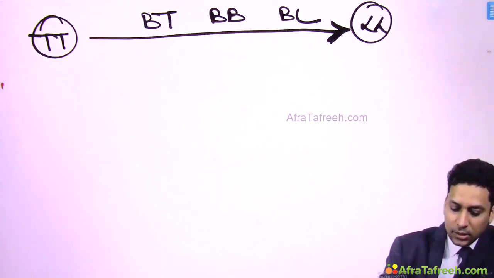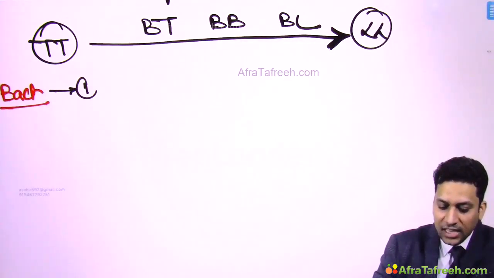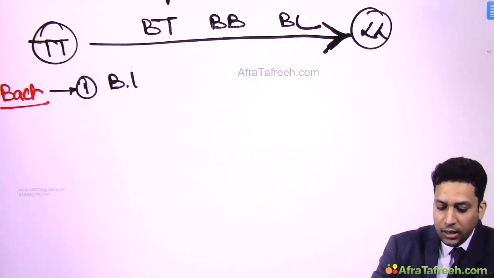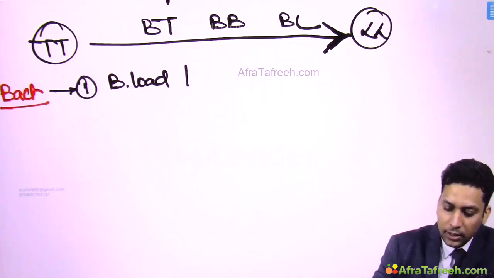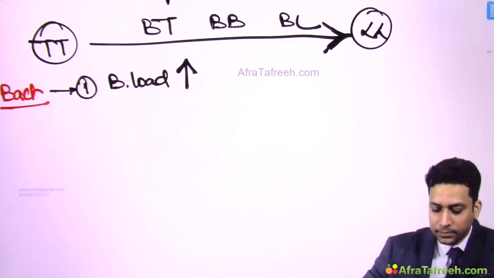First is bacteriological. So bacteriological, as we move from TT pole towards LL pole, bacterial load increases.